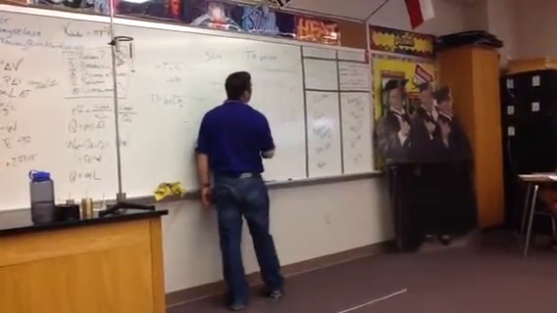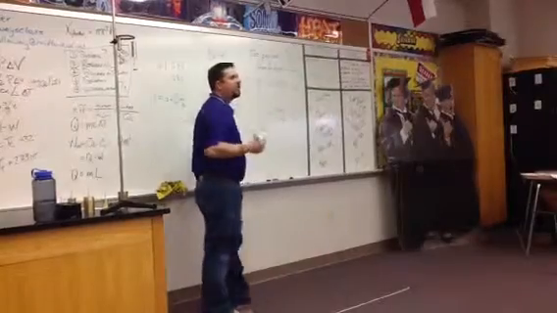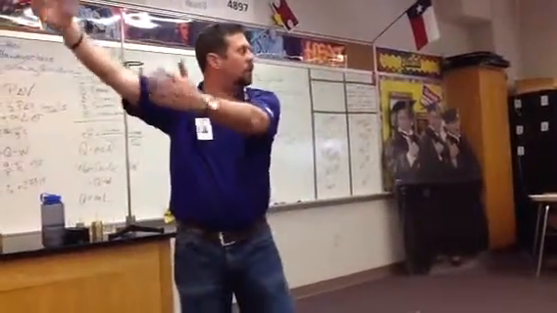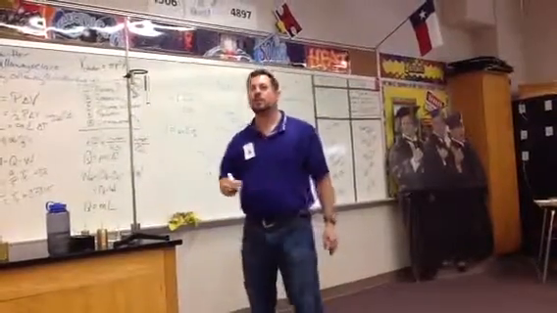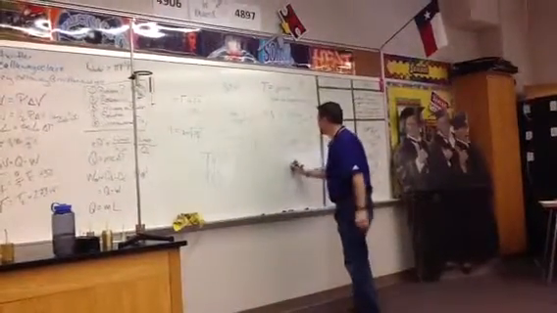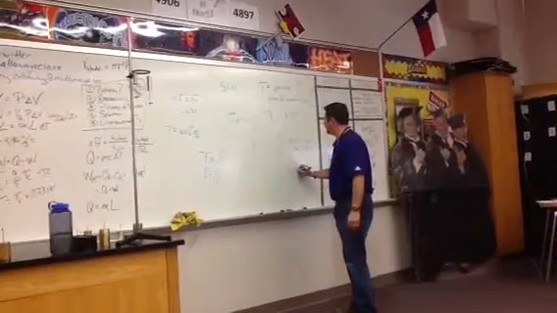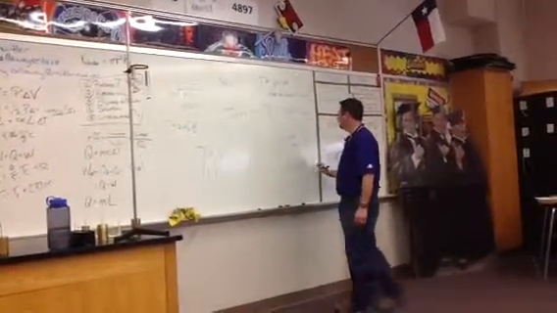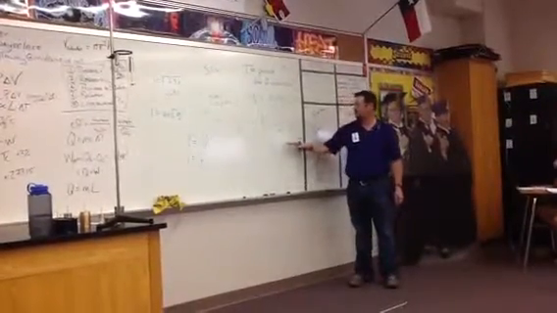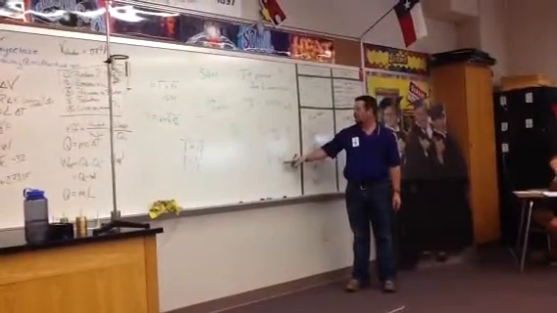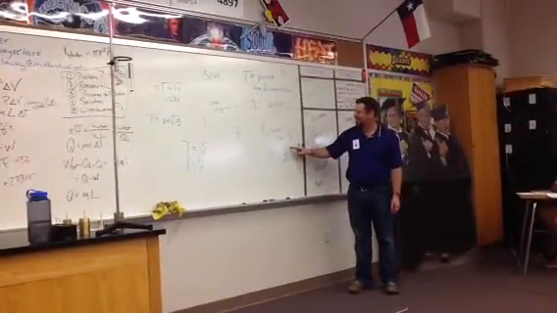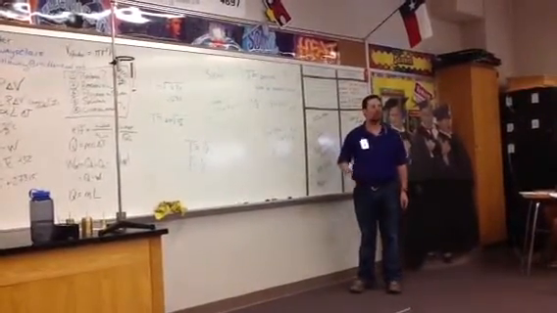So 1 cycle is when it goes all the way back and forth. So what's the frequency? 1 over 3.433, that's how many cycles you get per second.